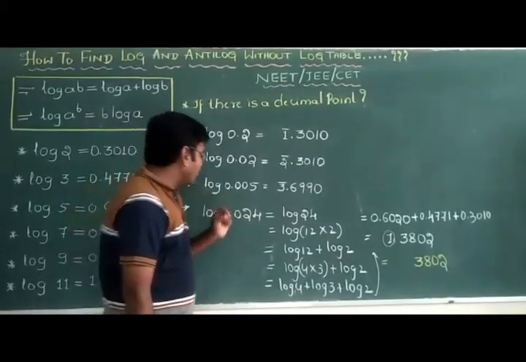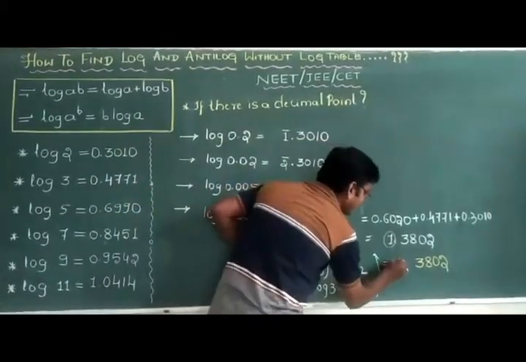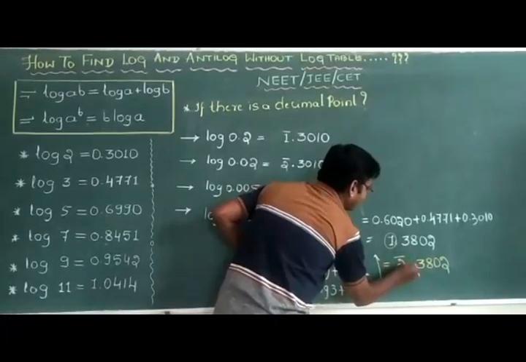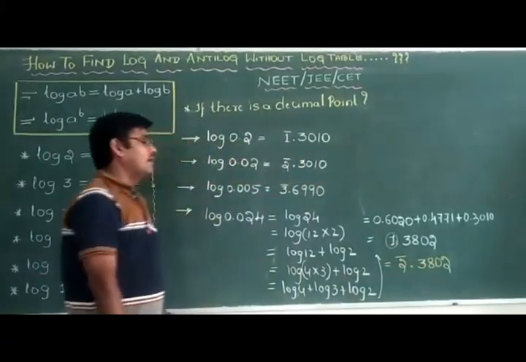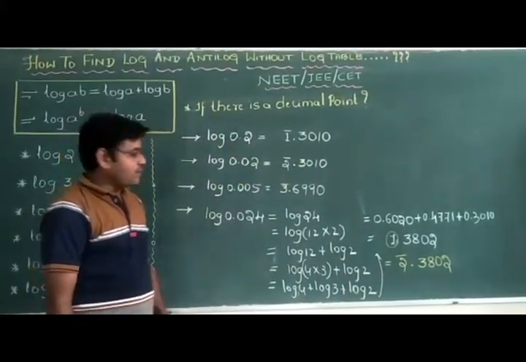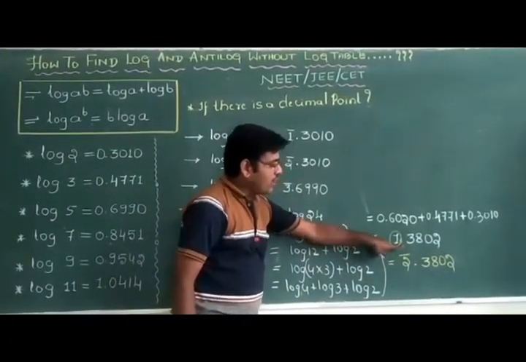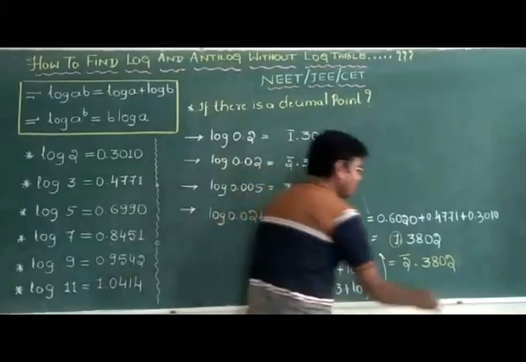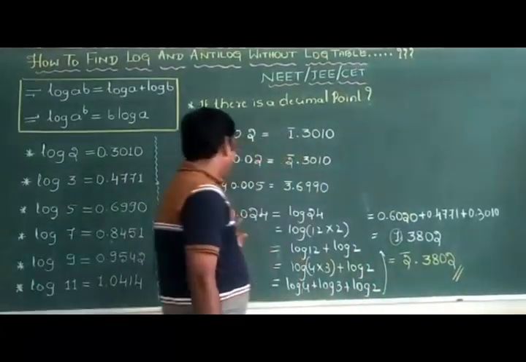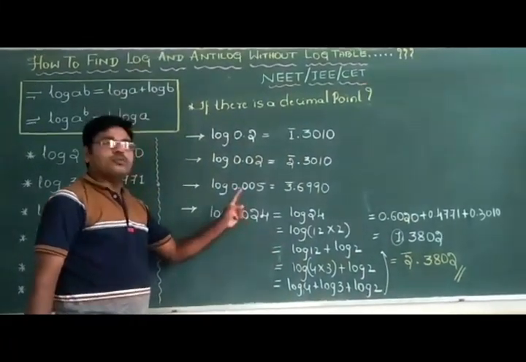Therefore you write the characteristic as 2 bar. Instead of 1, you write the characteristic as 2 bar 3802. So this is the value of log 0.24.